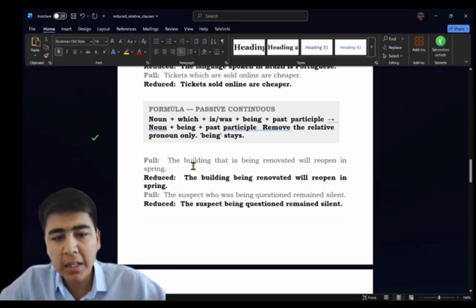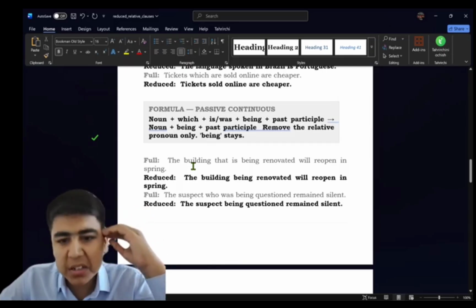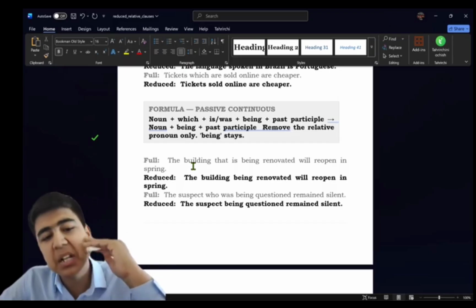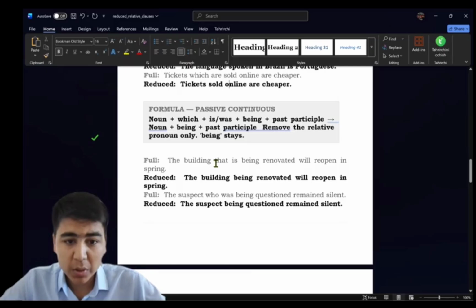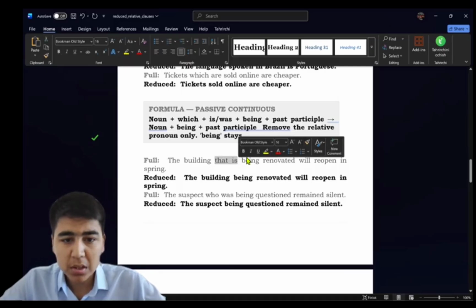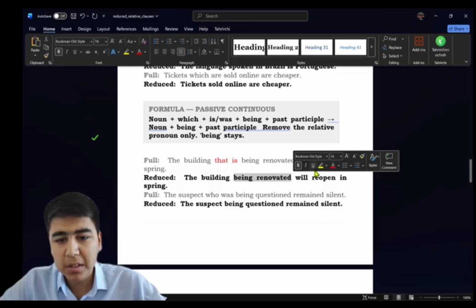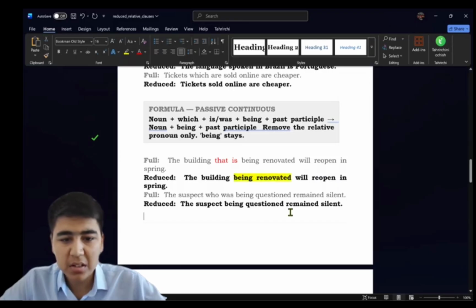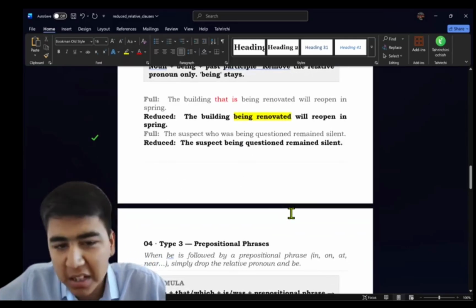The building that is being renovated will reopen in spring. Instead of saying that is being, we will delete this part and we say the building being renovated. All right, being renovated. Easy peasy, lemon squeezy, as you can see, guys.